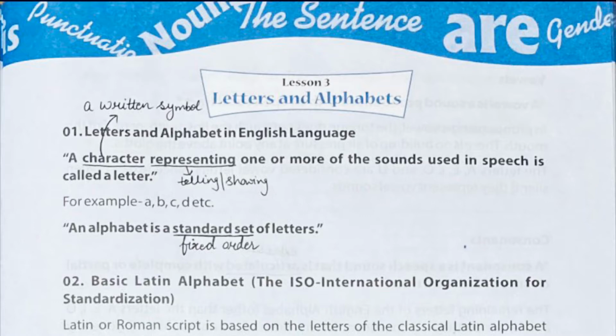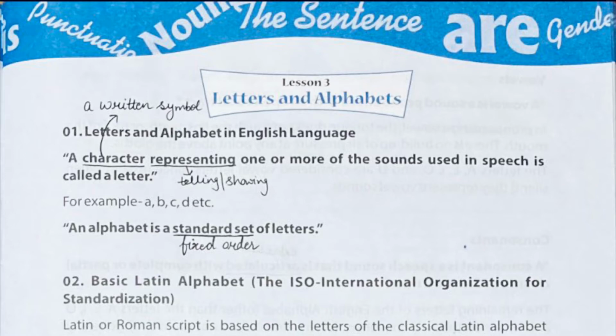For example, A, B, C, D. Any written symbol which is representing one or more sounds in speech is called a letter. Now, what is an alphabet?